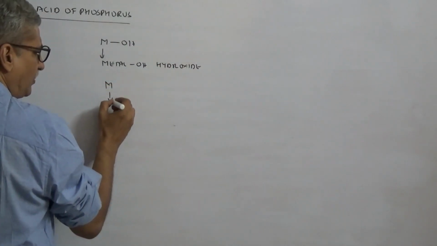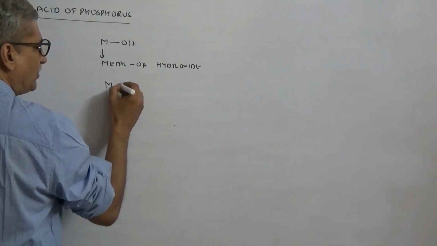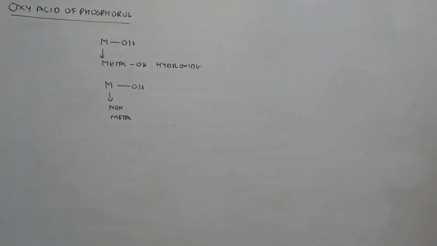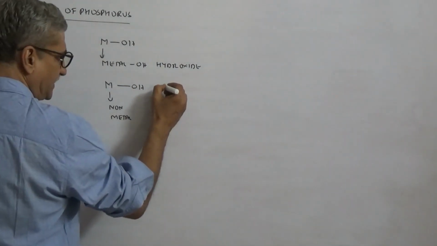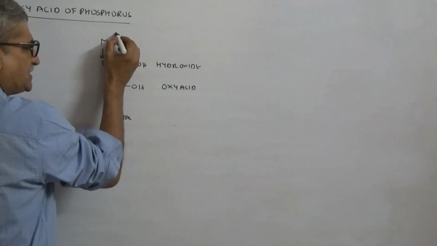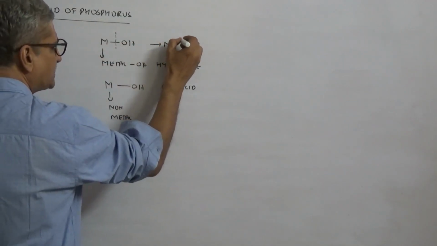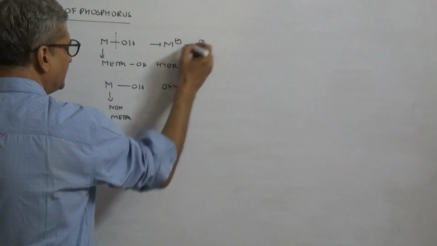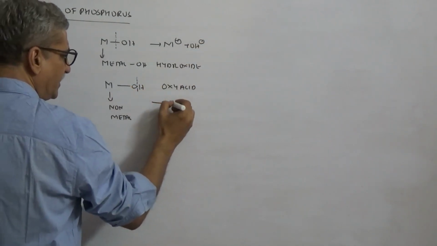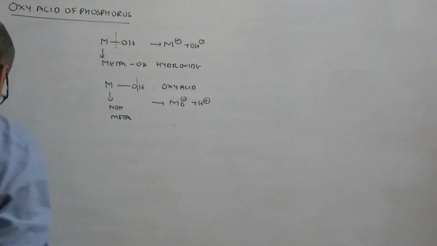Whereas if M is a non-metal, a non-metal attached to OH will be called an oxyacid. The simple reason is, in the first case in water, the M-OH bond breaks to give M plus and OH minus. In this case, it is the O-H bond which breaks to give MO minus plus H plus, where it behaves as an acid.